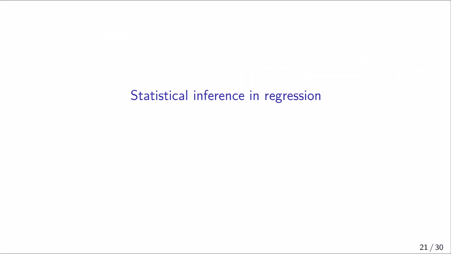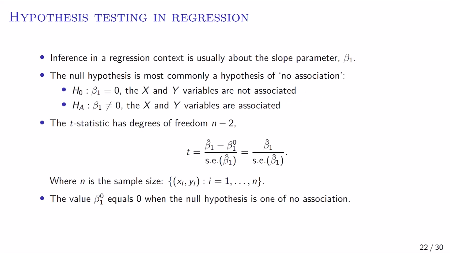Now let's say something about statistical inference. Basically we focus on beta 1, as we said. That's our center. In terms of inference, we either do hypothesis testing or estimation. So we start with hypothesis testing. We want to know whether x and y variables are not associated.